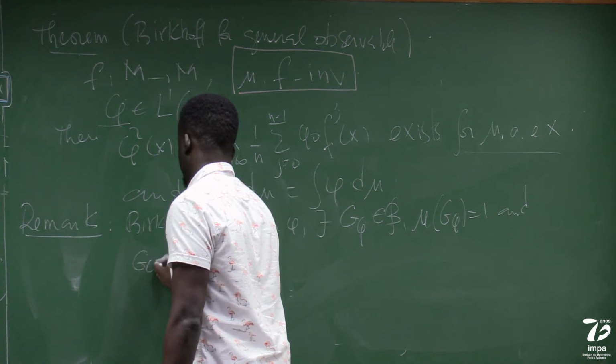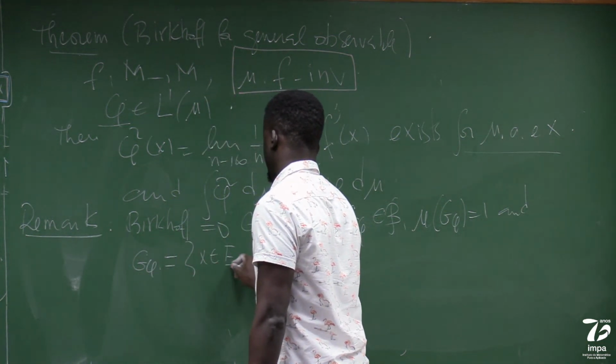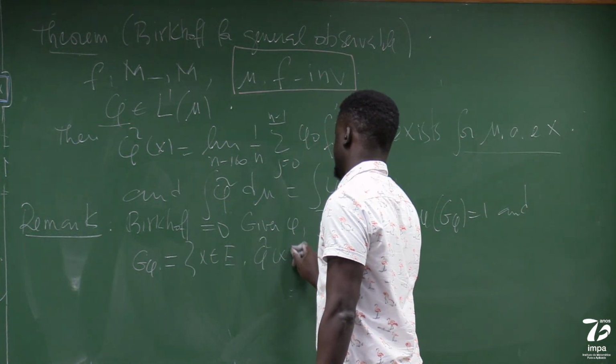G phi is just the set of x in E such that this limit exists, that is, phi tilde of x exists.